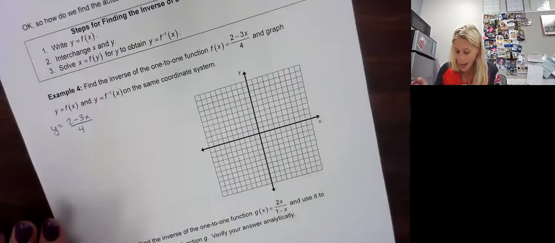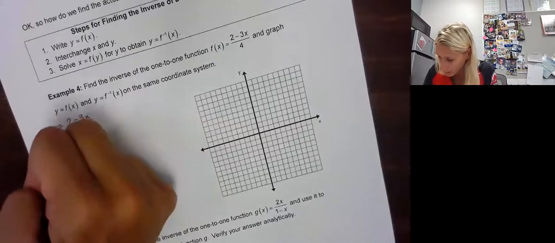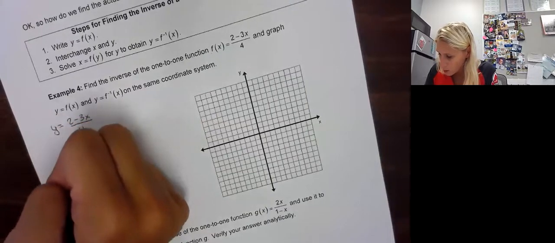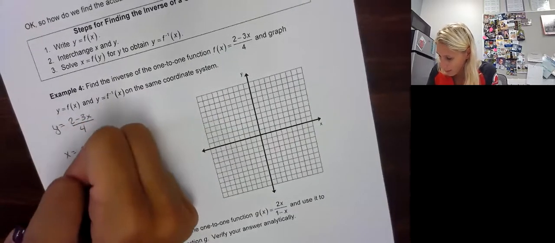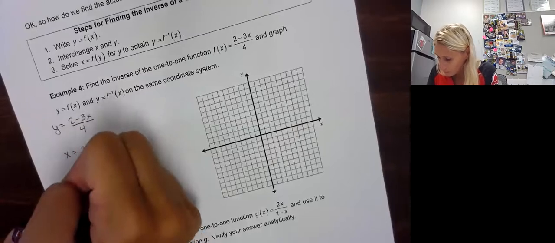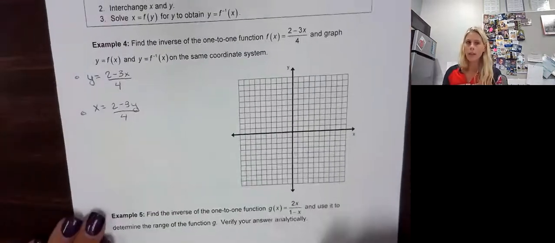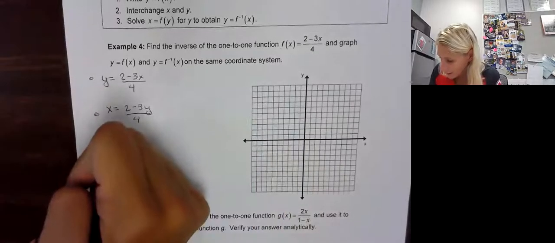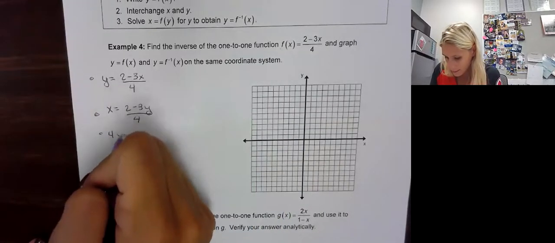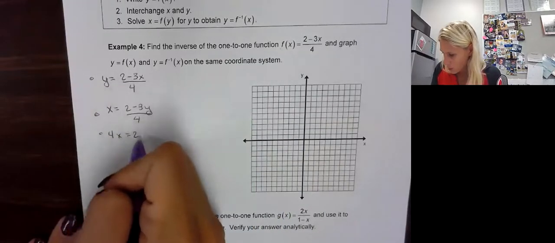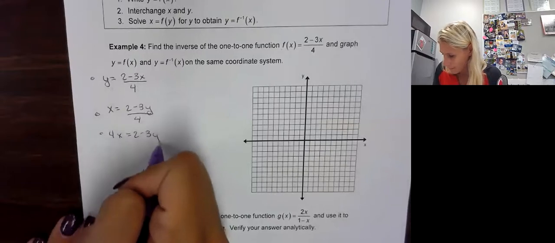So the first step is to switch our x and y. So x equals (2 minus 3y) all over 4. And then we're going to solve. I've got to get rid of that denominator, and I get 4x equals 2 minus 3y.